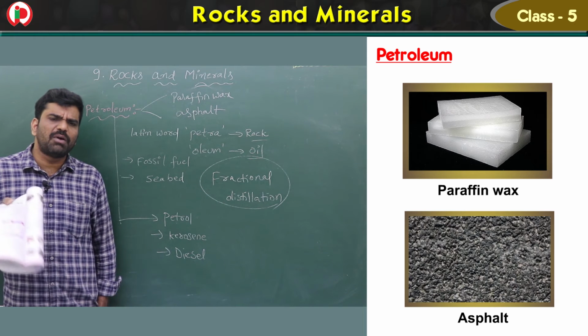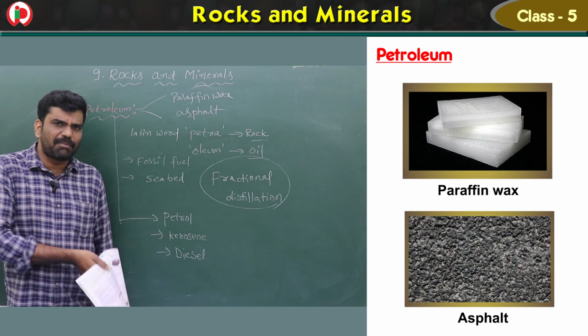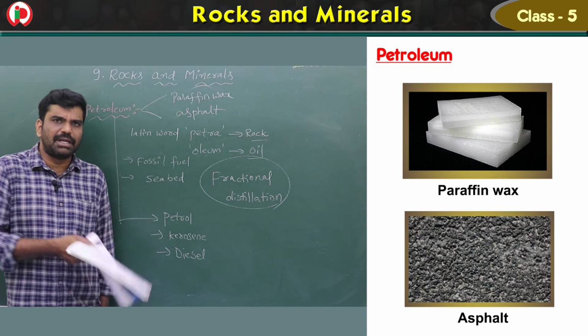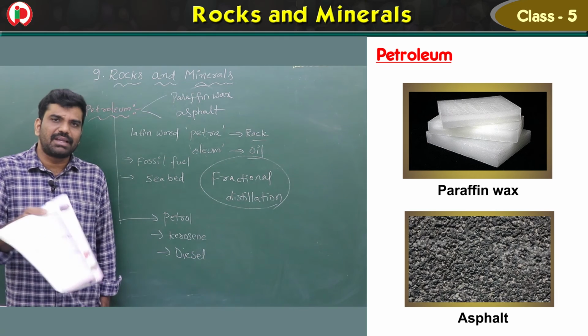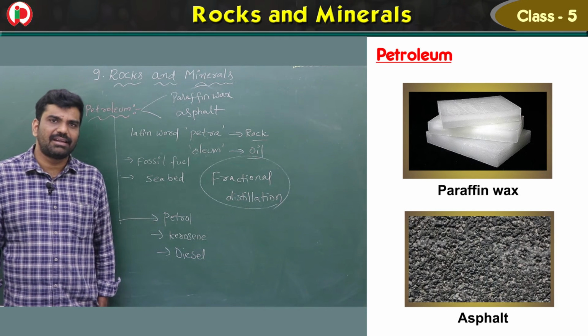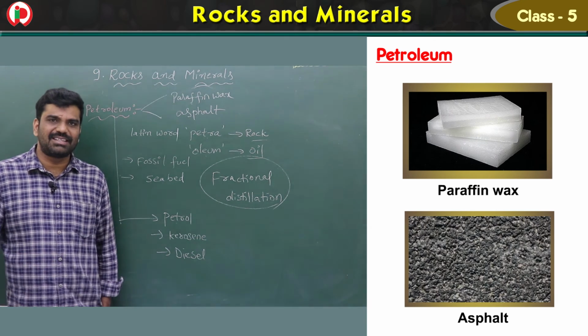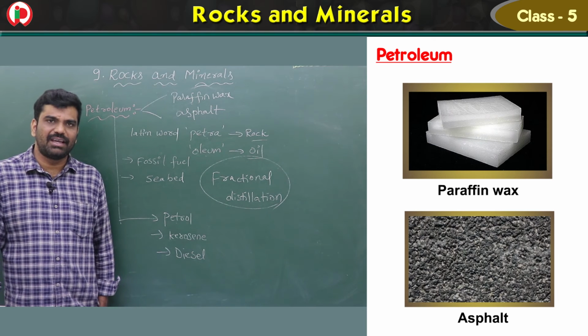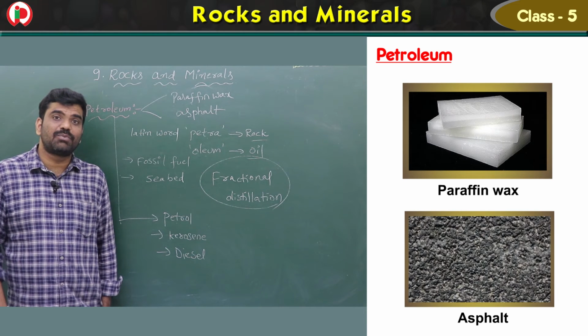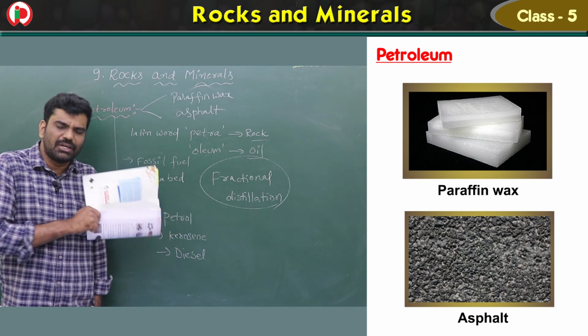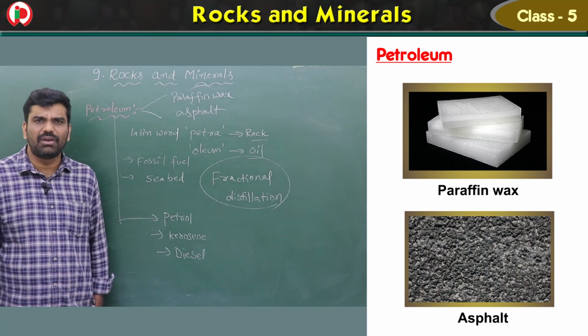A non-renewable resource means once these are exhausted, we cannot produce them again. It is not like water, it is not like air. It takes so many years to produce again. That is why we should use these resources carefully.